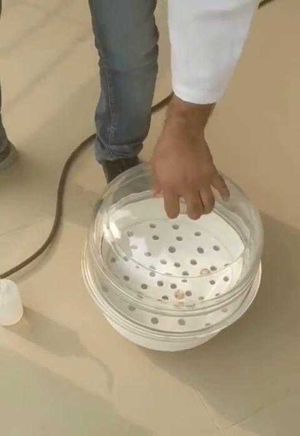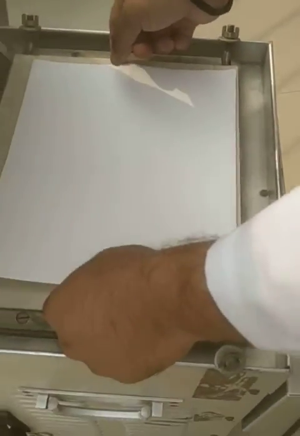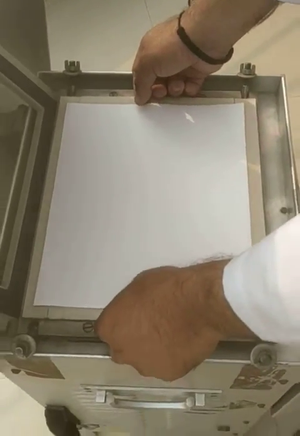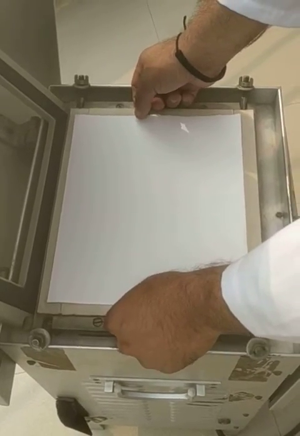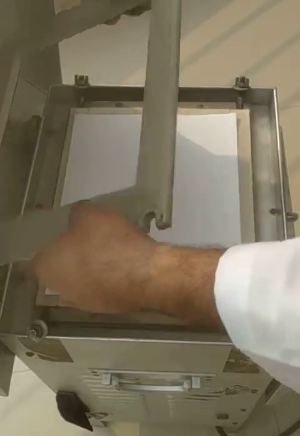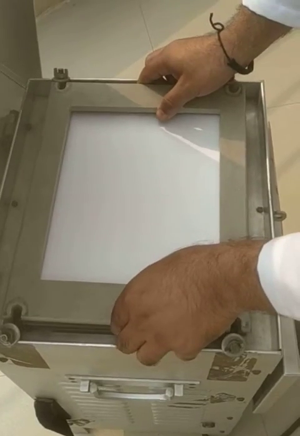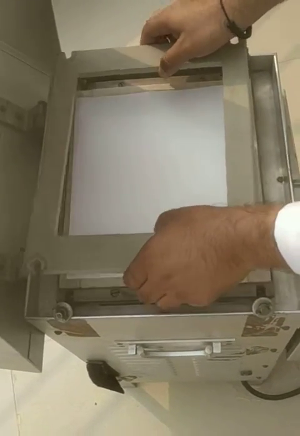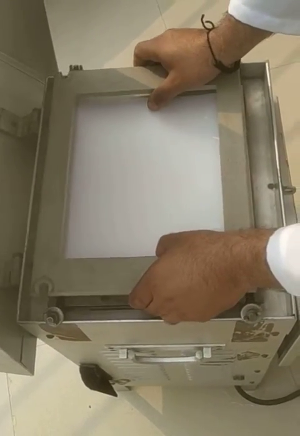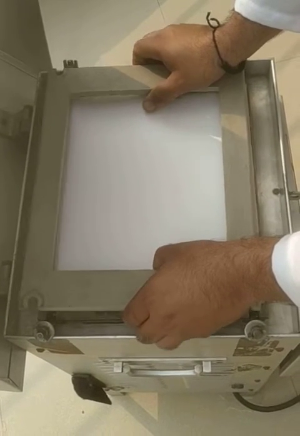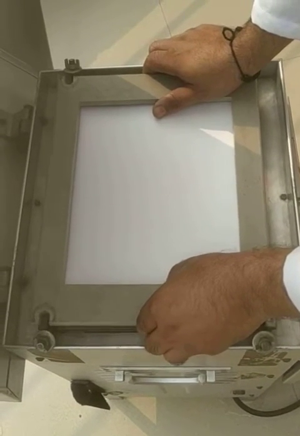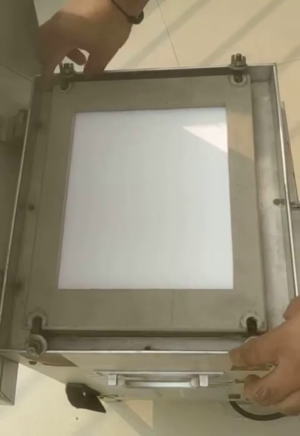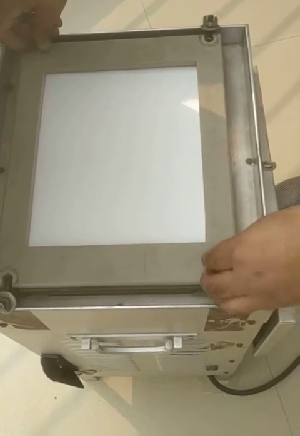Now put this filter paper in the high volume sampler and tighten the wing nuts.